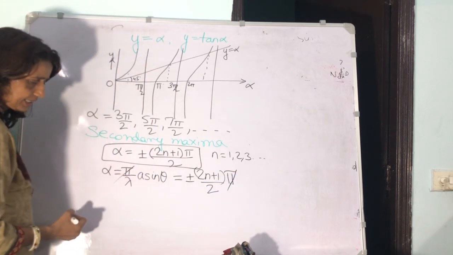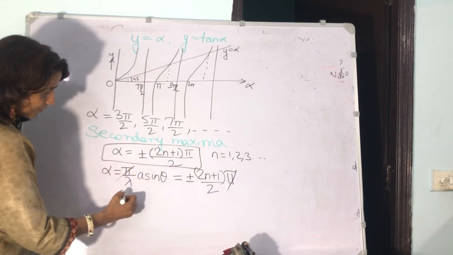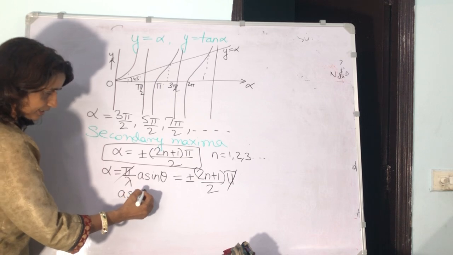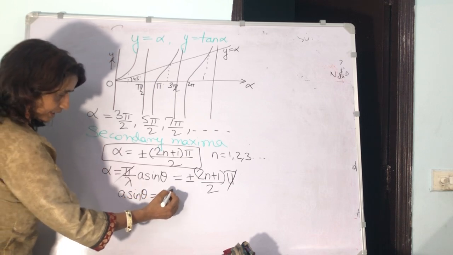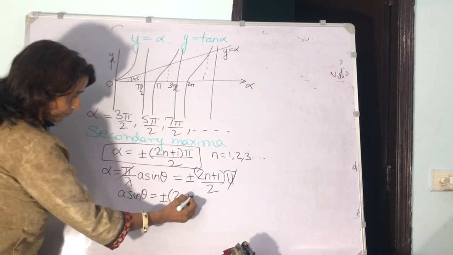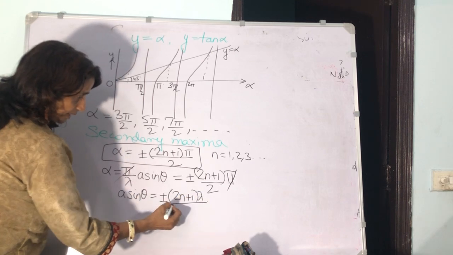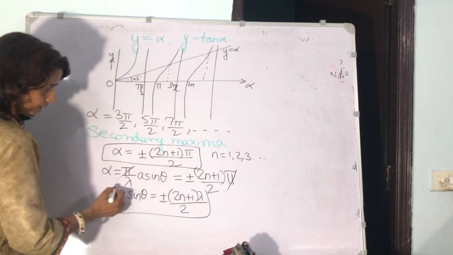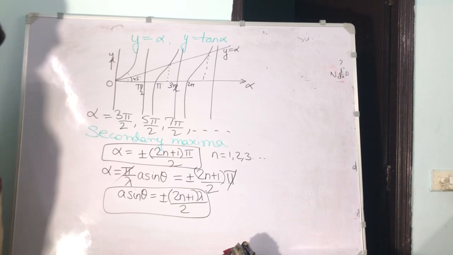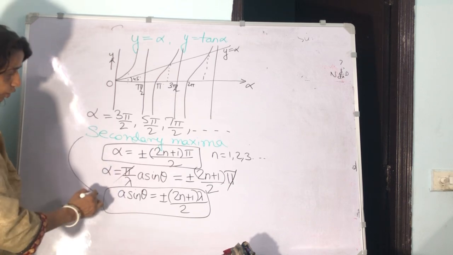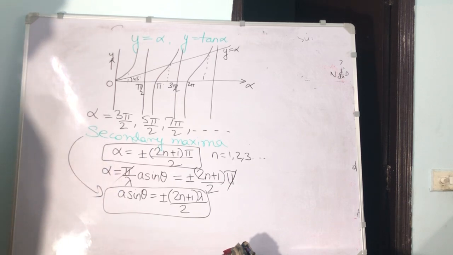So pi and pi get cancelled, and we are left with a sine theta is plus minus 2n plus 1 lambda by 2. This is giving us the position of secondary maxima.